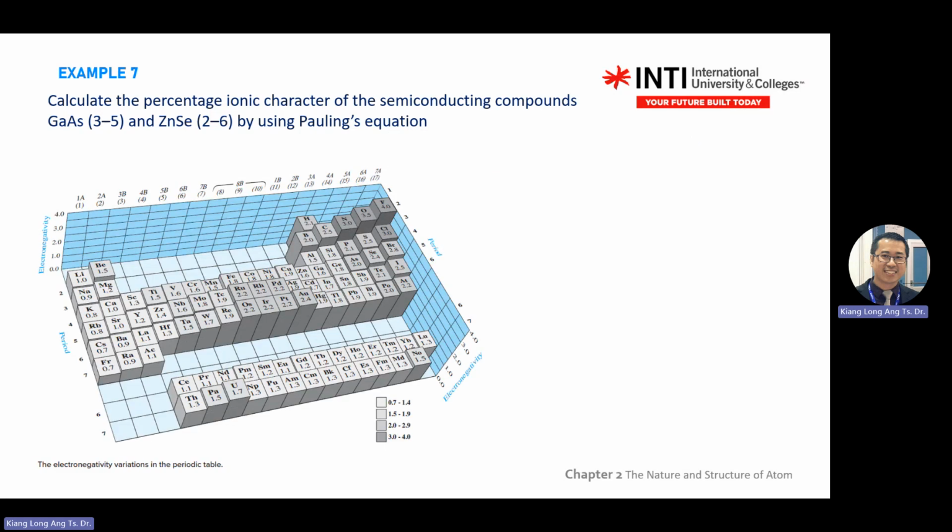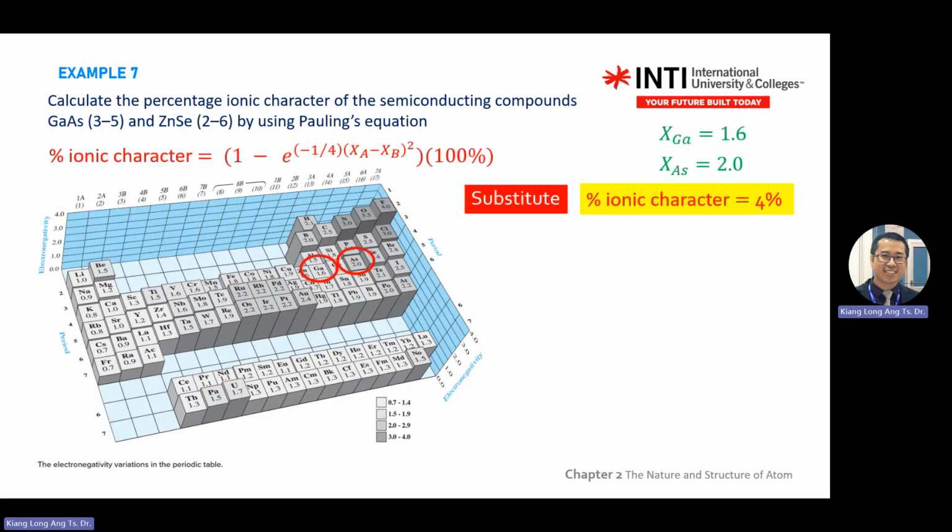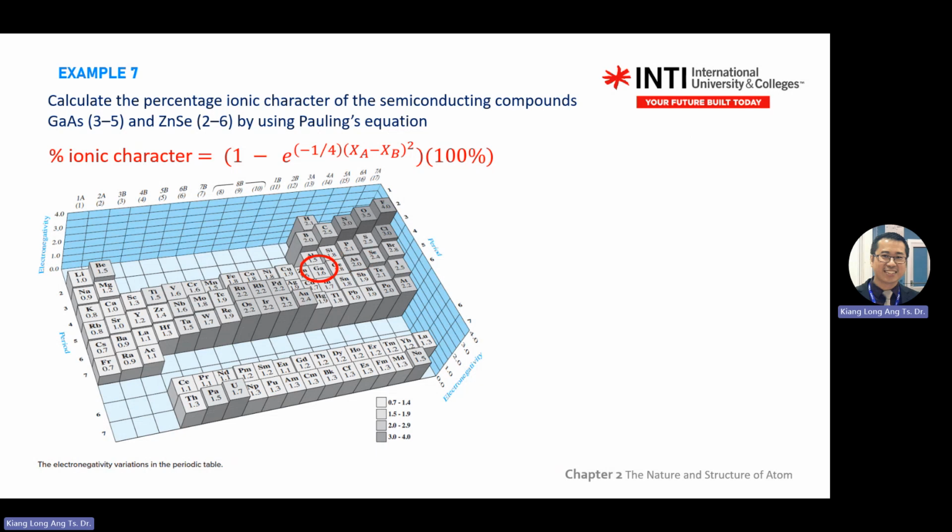Second one, ZnSe, you apply the same. Can you calculate? What is the percentage of IC for ZnSe? Zn is here, Se is this one. Are you able to find the answer?